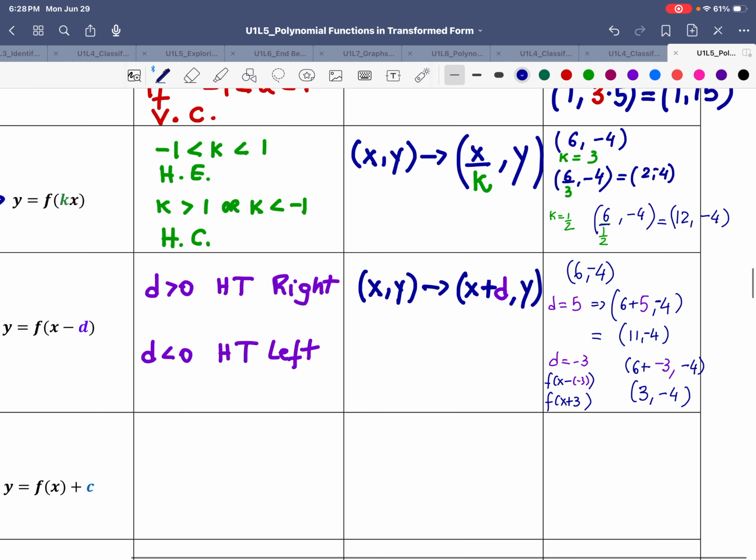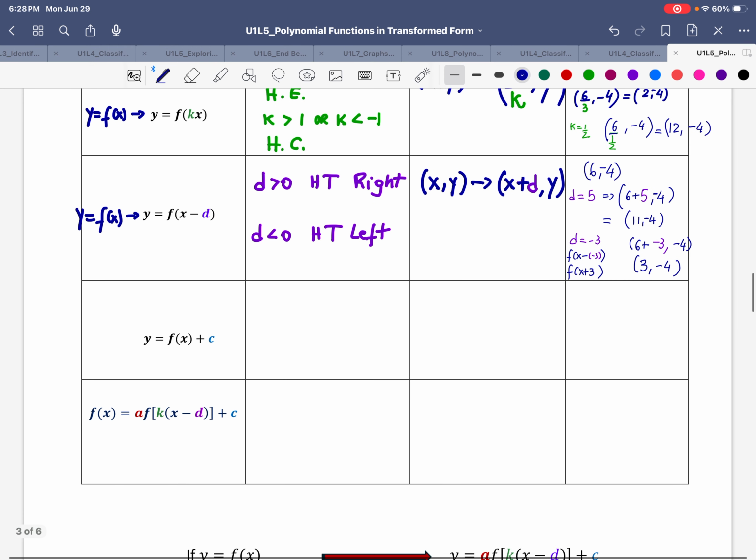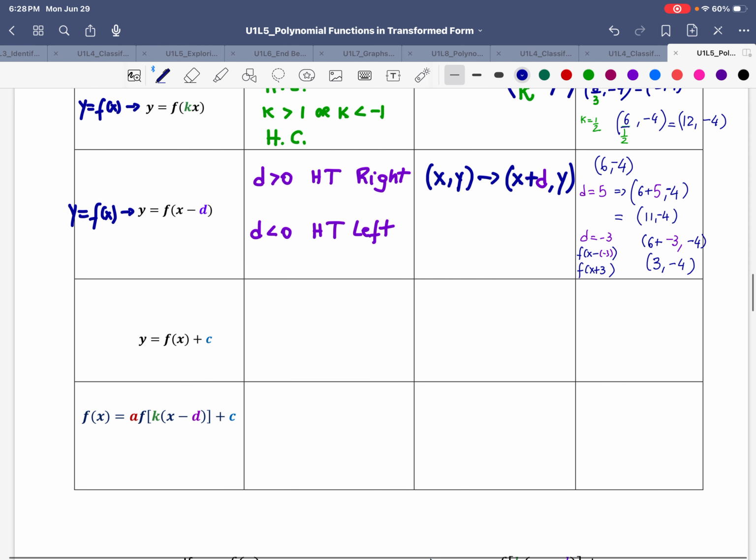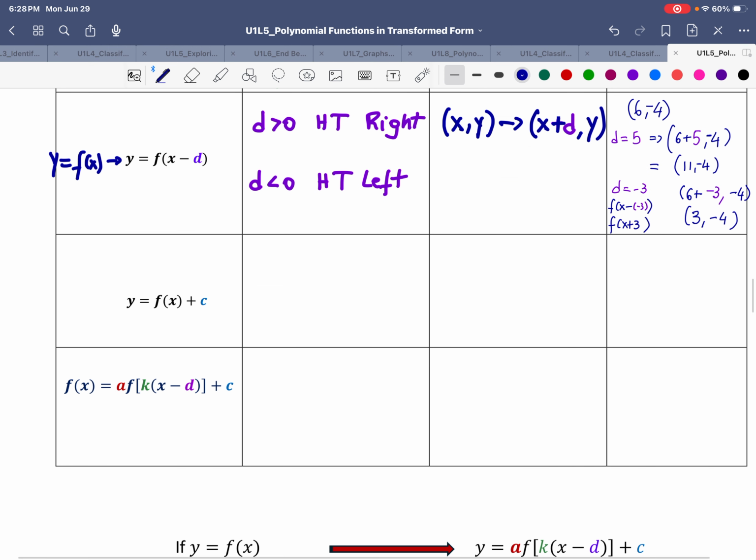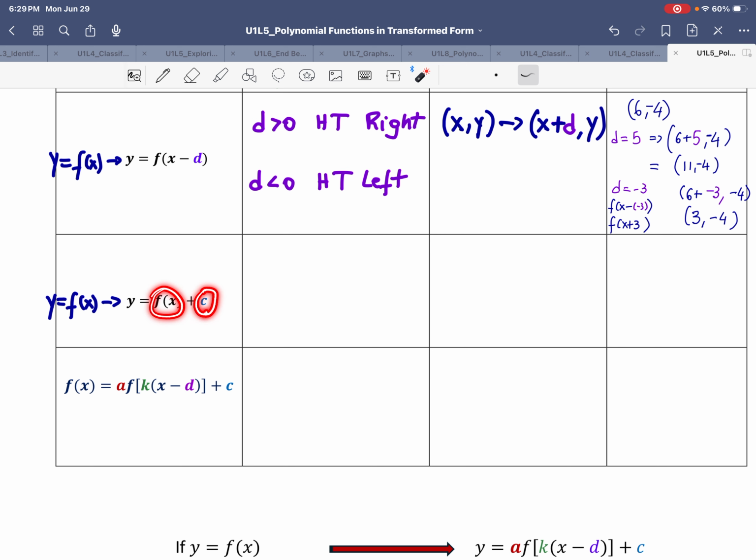Now, next we're looking into the last coefficient, the coefficient c. So again, we have the parent function y equals f of x, now transformed to become f of x plus c. So we're adding a number to f of x, so we're adding a number to the y values. If c happens to be positive, the y values will increase by c units.